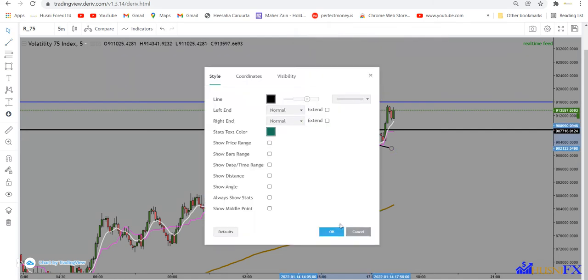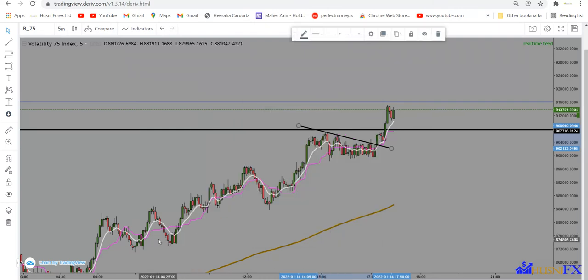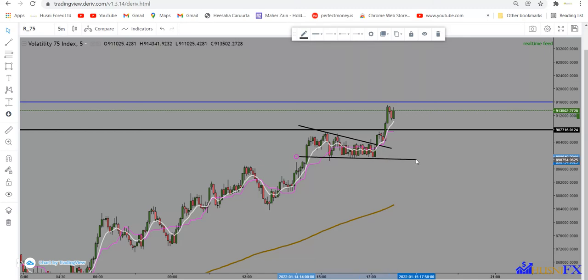So I know that the price is buying at the higher time frame. I follow the trend, which is uptrend. If the market is selling, I have to make sure that the general trend of the market is downtrend. If the market is just buying, I have to make sure that the market has a general uptrend.